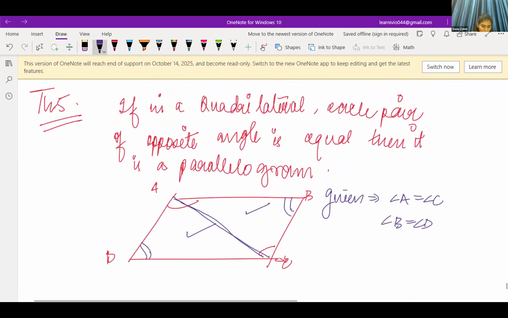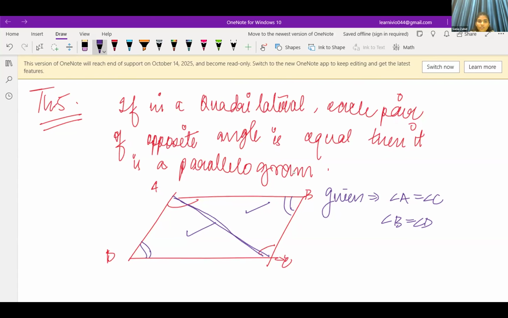Just write down the theorem. Done? See now, children. We will not do it by congruency.